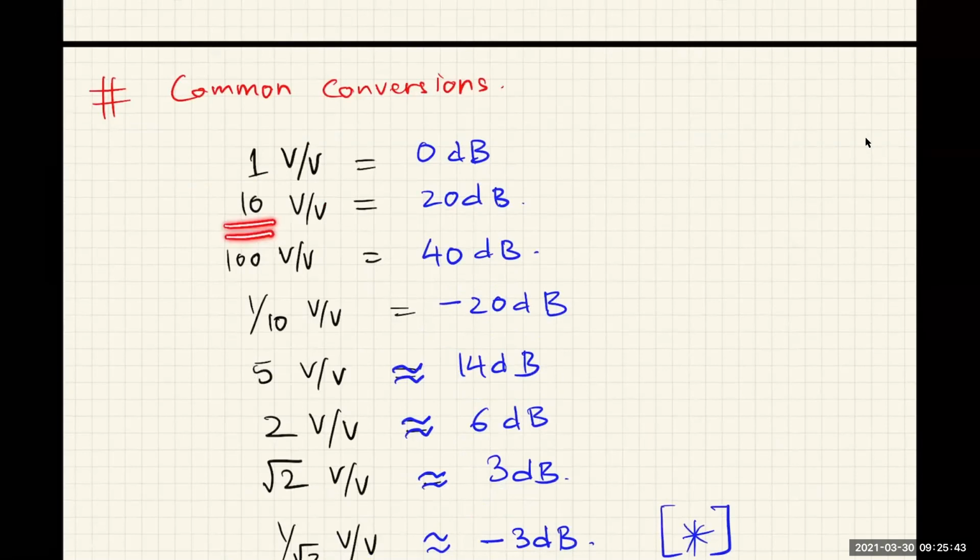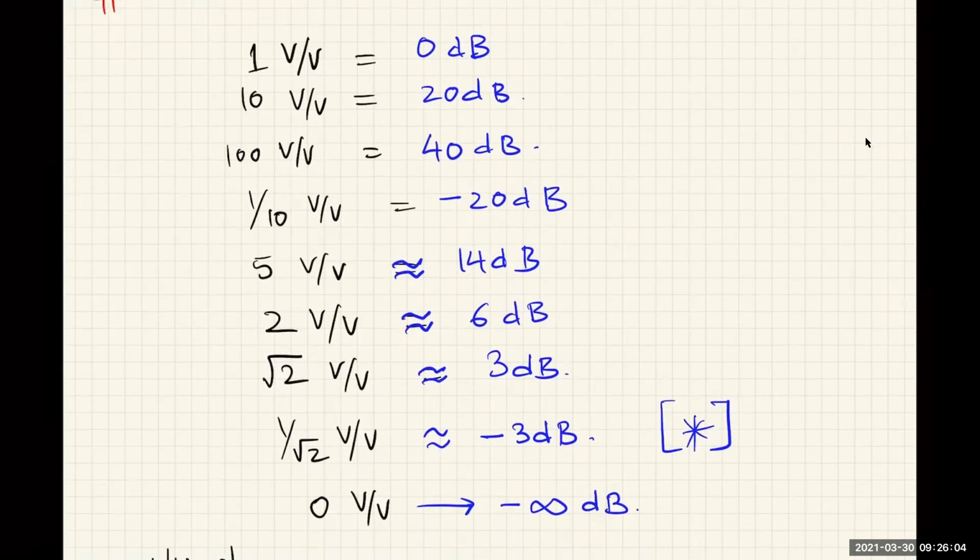A gain of 10 volts per volt corresponds to 20 dB. Another factor of 10 will give you another 20 dB. So 100 volts per volt is equivalent to 40 dB. If you do division instead, you simply change the sign. So 1 over 10 volts per volt is negative 20 dB.